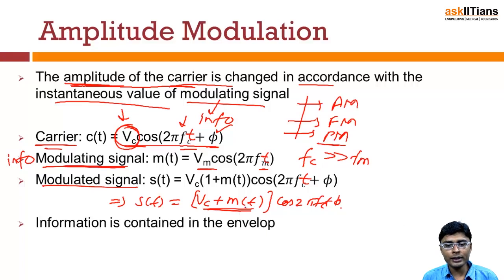Depending upon the instantaneous value of the message signal, the amplitude of our carrier signal will change, and hence the modulated signal will have the information content in its amplitude.